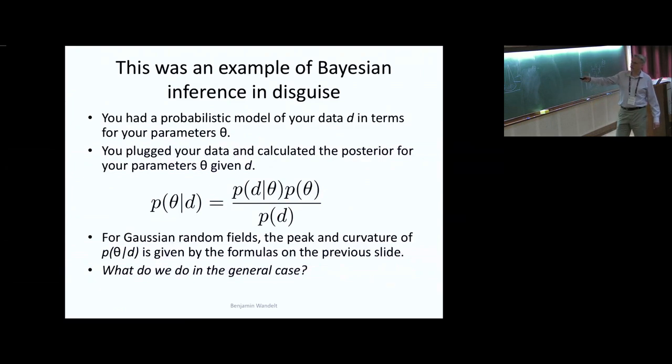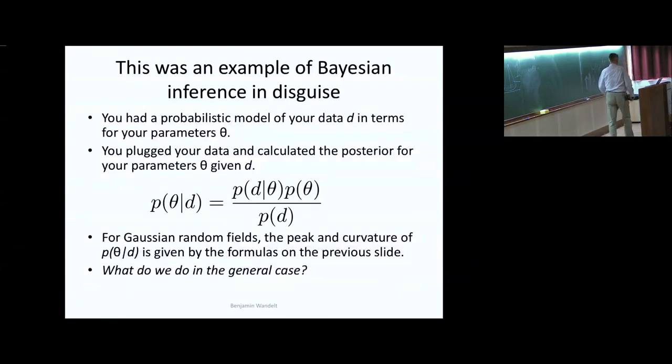In general, this is a specific case of Bayesian inference. I showed you how we went the other way in the lectures. We started from Bayes' theorem, and we showed that if you assume that the joint PDF is Gaussian, all the conditionals are Gaussian and all the marginals are Gaussian. And so every piece of this is Gaussian, and that's why we could write the equations on the previous slides.